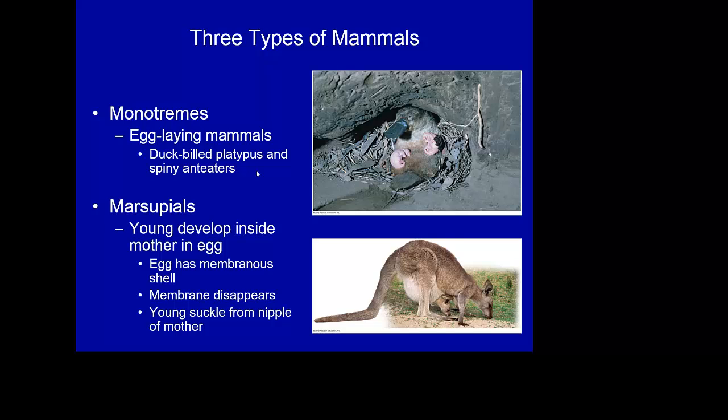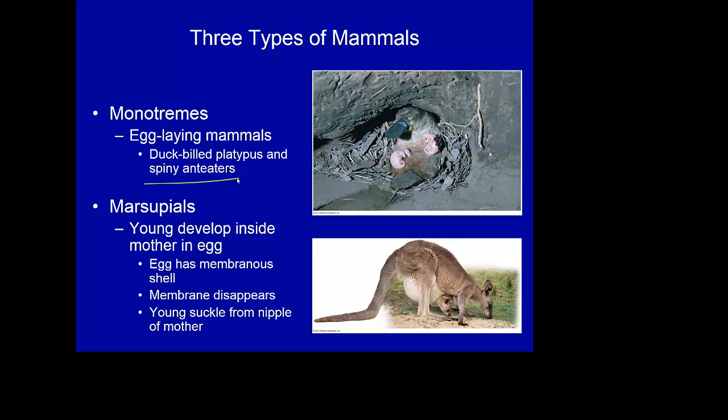Monotremes are egg-laying mammals, so our platypus and the spiny anteater. Many of you may not know there are actually two mammal egg layers. Marsupials, where we actually get the egg to develop inside mom, but in a slightly different way than we look at with the development of the egg in a human mammal per se.